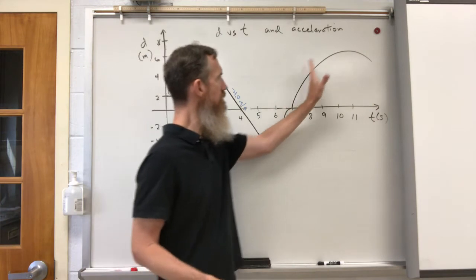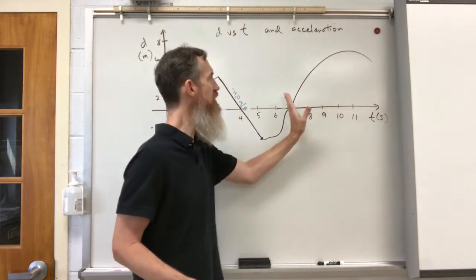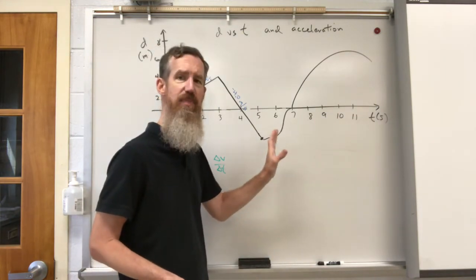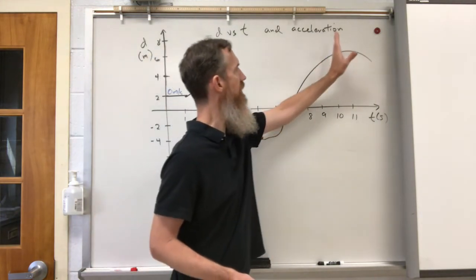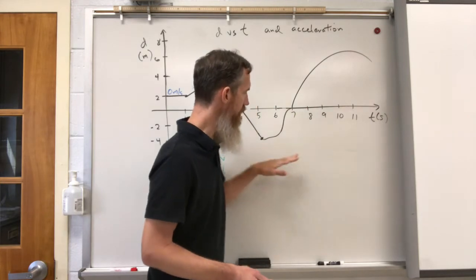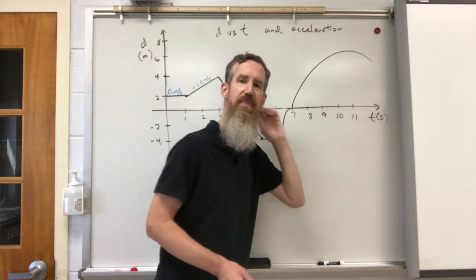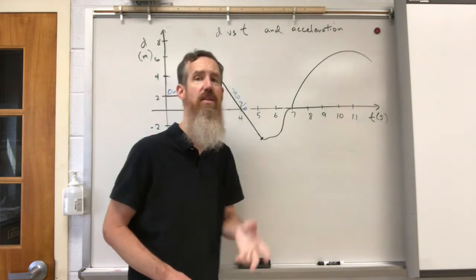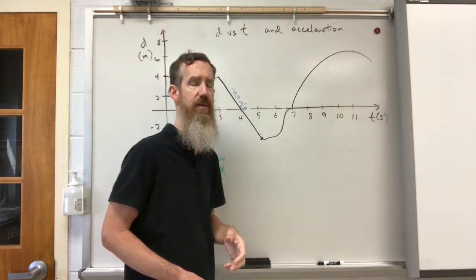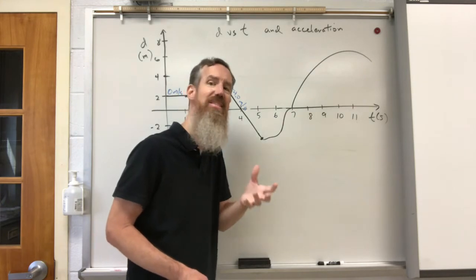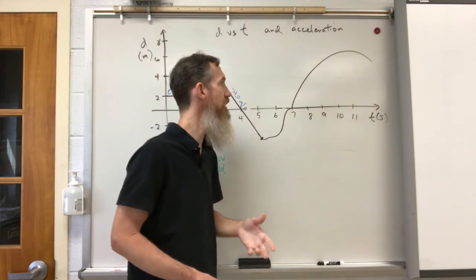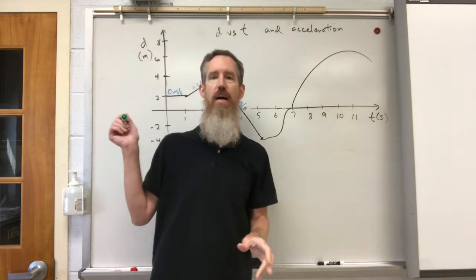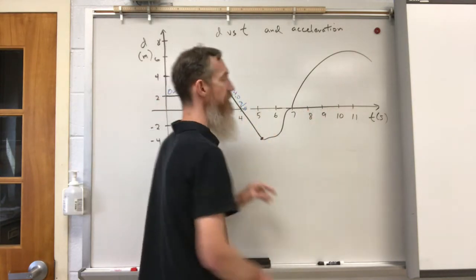Now over here, it's a nice parabolic shape. What we're going to learn is that if we see nice parabolic shapes, whether they're up like this or down like this, when you see a nice parabolic shape on a distance time graph, that is telling you that there's an acceleration, and it's probably a nice constant acceleration. I can't calculate what that value is off a distance time graph using just this data.